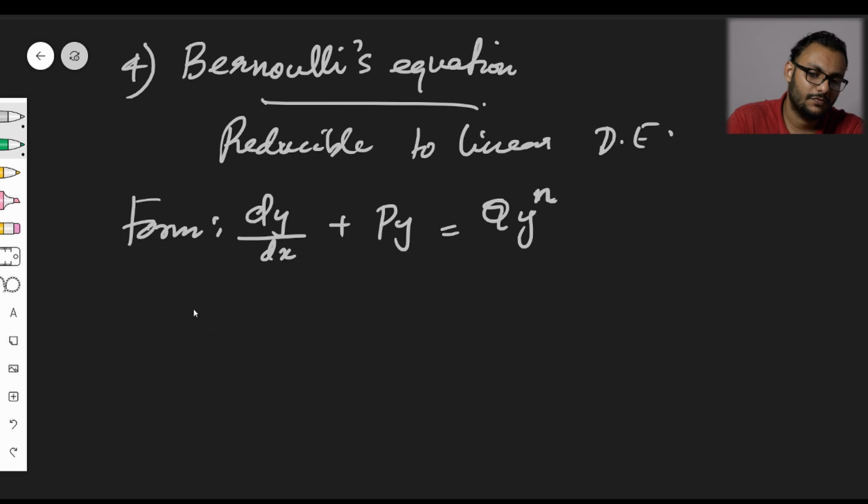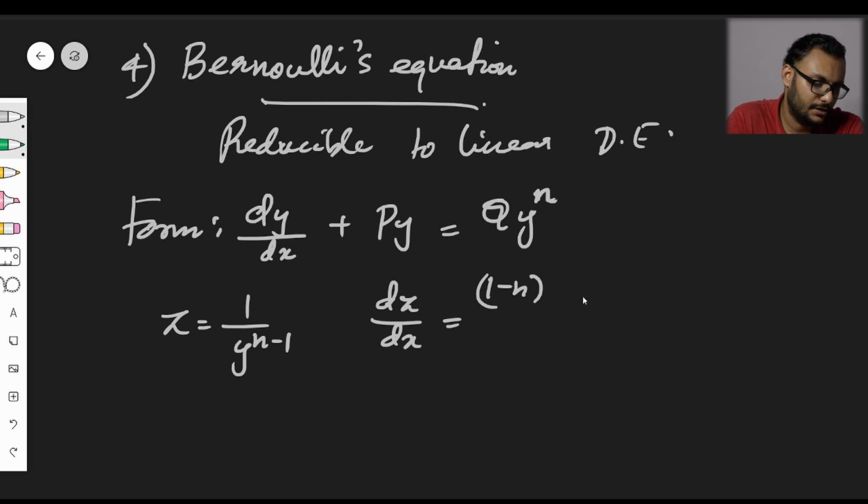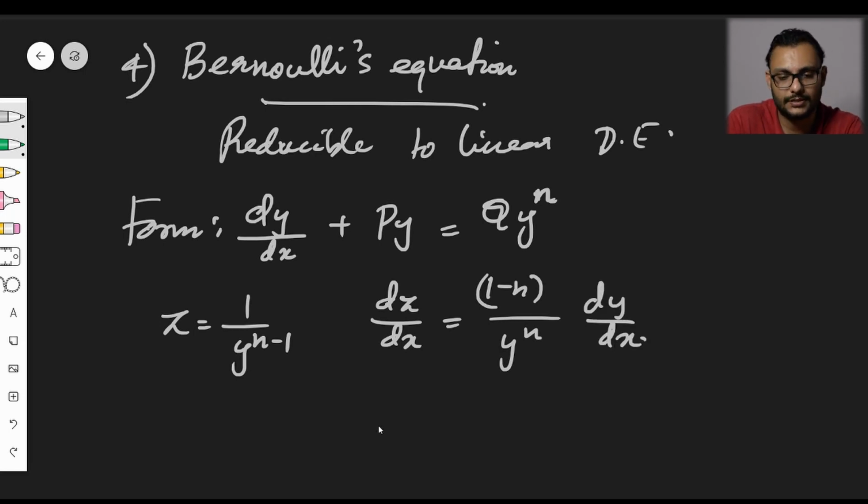In this case we have to give a substitution as z is equal to 1 by y raised to n minus 1. Therefore dz by dx will be given by 1 minus n divided by y raised to n into dy by dx.